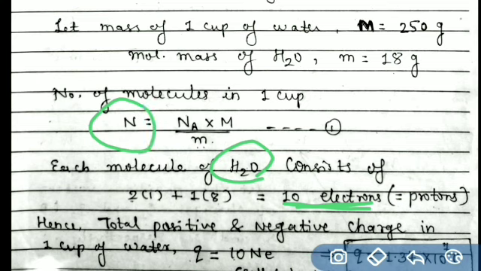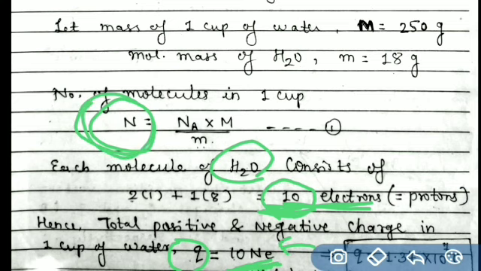Hence the total charge Q present in a cup of water will be 10 into N into e. What is 10 here? So 10 is number of electrons or protons in a molecule of H2O. What is N here? It is the total number of molecules in one cup of water.